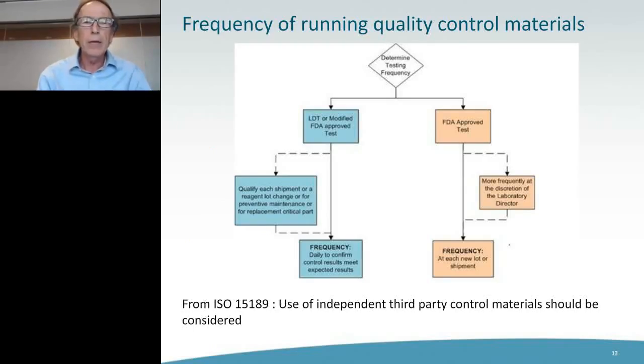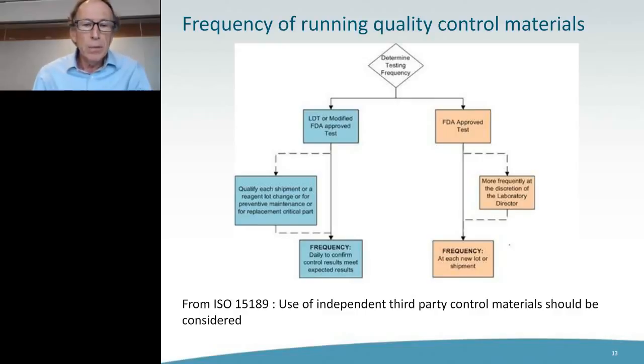Now, this diagram helps you as a laboratory to decide how frequently to run a quality control system. So there's 2 options: either you're running an LDT assay or an FDA-approved assay. On the left-hand side is the LDT, or, in fact, if you've modified an FDA-approved test.